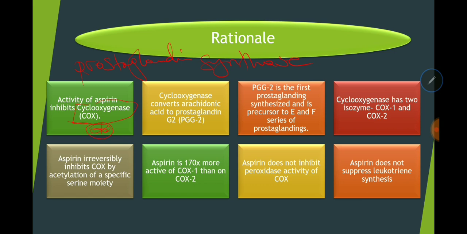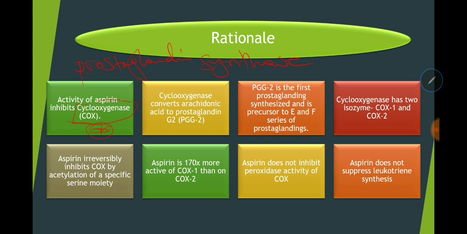So you may find somewhere else where it says prostaglandin synthase inhibitor. Yes, NSAIDs, meaning ibuprofen and all those others, celecoxib, indomethacin, and aspirin, they inhibit prostaglandin synthase, which is the COX enzyme.